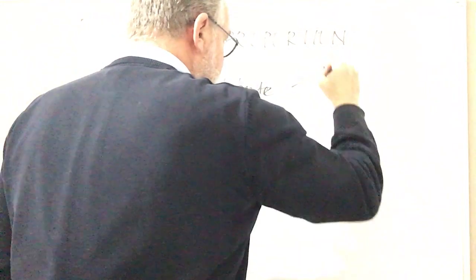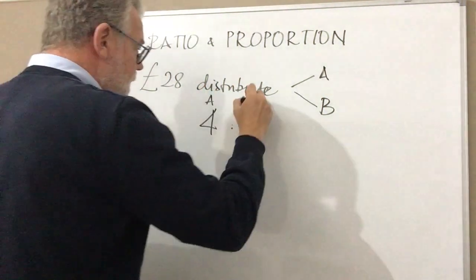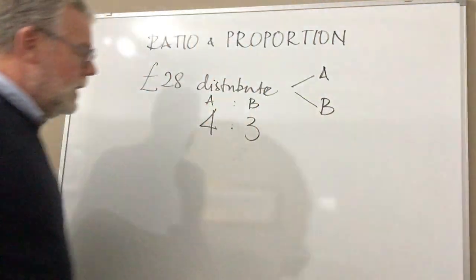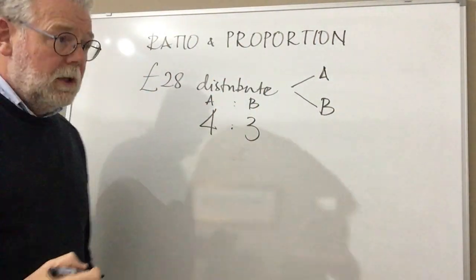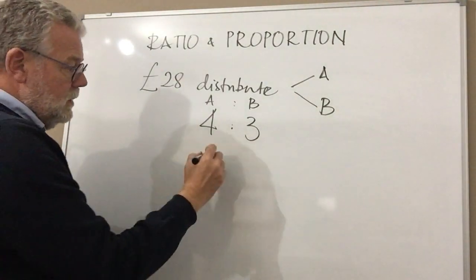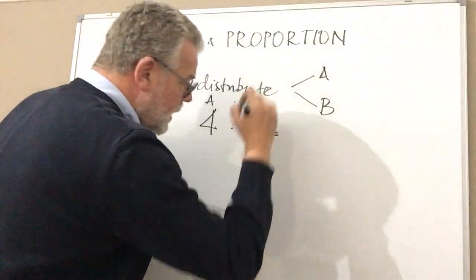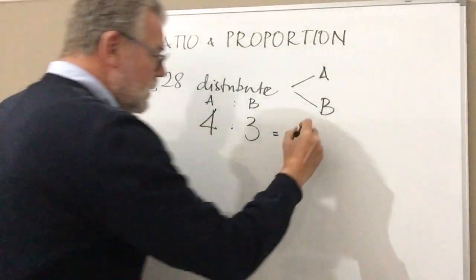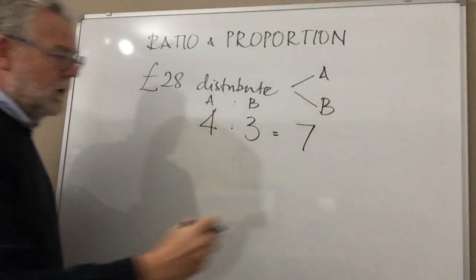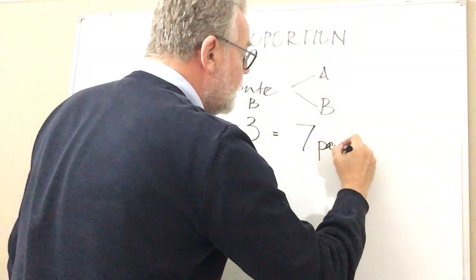Charity A and charity B. So A, B, and that's the ratio. Now, how much is each charity going to receive? Well, the first thing we've got to do is remember what we looked at a minute ago. How many parts are there altogether? There are 7 parts.